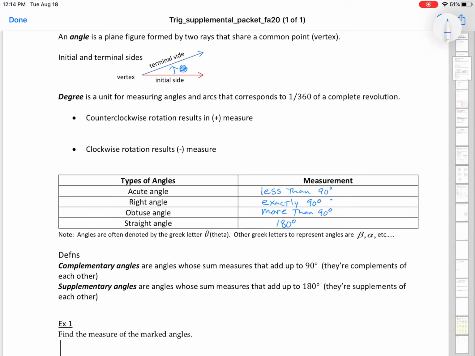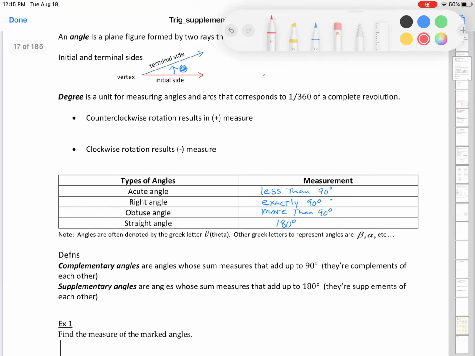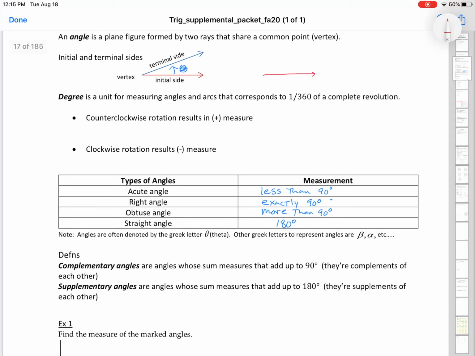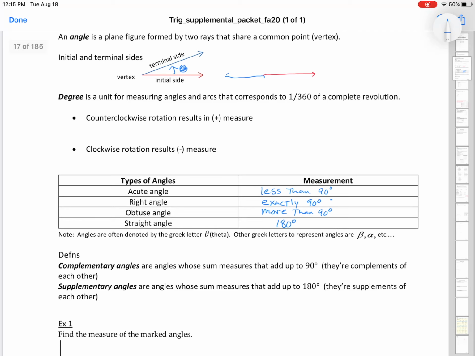That's exactly 180 degrees. It would look like a flat line if we were to look at a terminal side like that. So, for example, if I came up here and did the same red line for the initial side and did a blue line for the terminal side, that measurement right there, 180 degrees, is what makes us flat and straight, and that's where it gets its name.